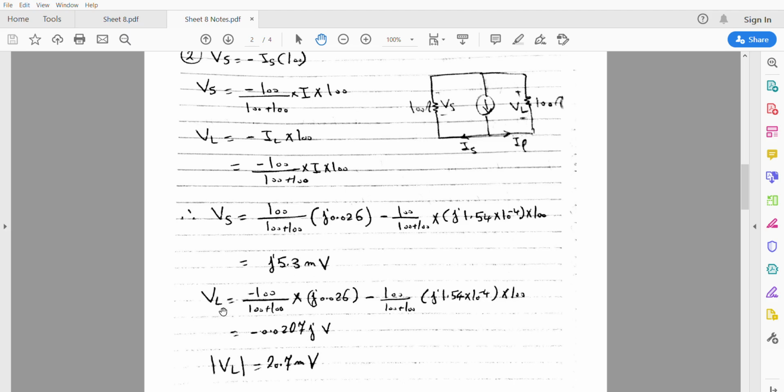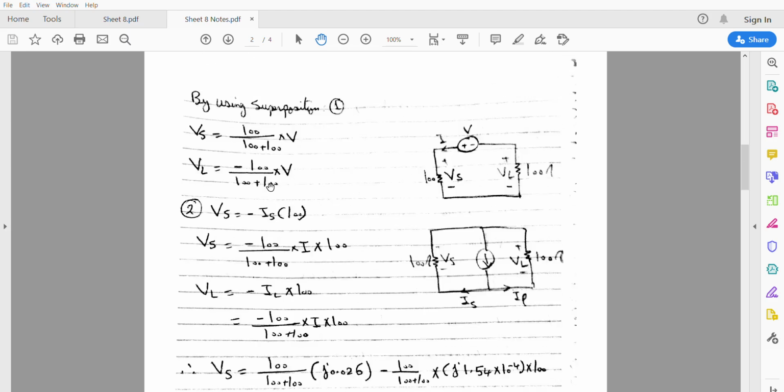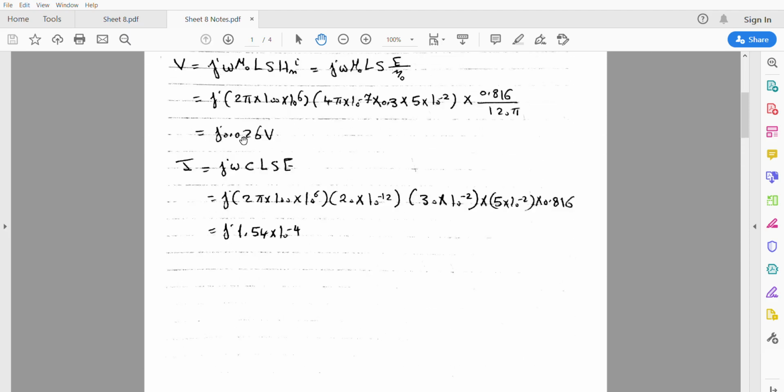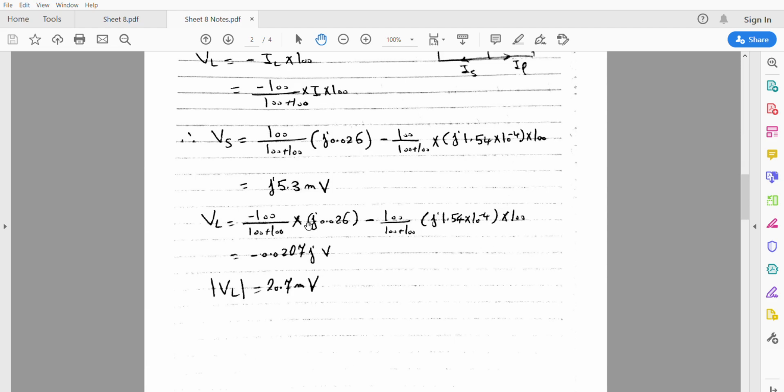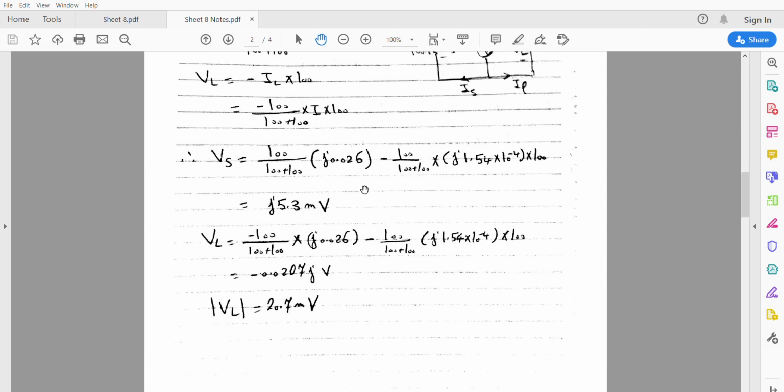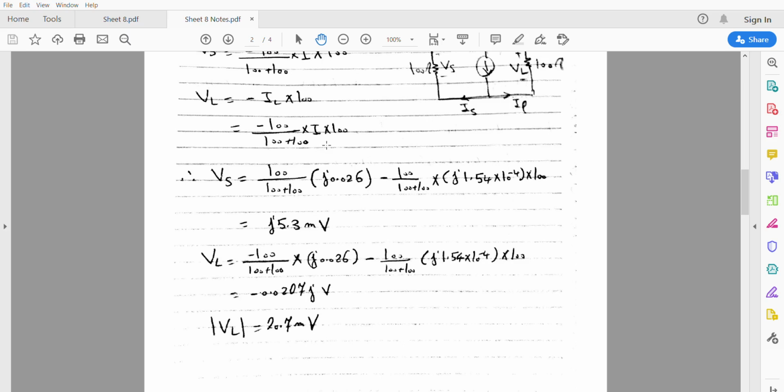And to get the value of VL, I will take this value that I got from superposition by letting the voltage source, which is equal to negative 100 over 100 plus 100 multiplied by V. V is equal to the value of j0.026 volt, as written here. Then the value I got from superposition by using the current source only and letting the voltage source be a short circuit.